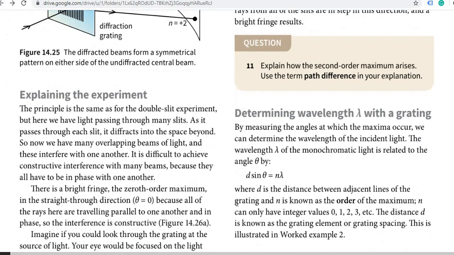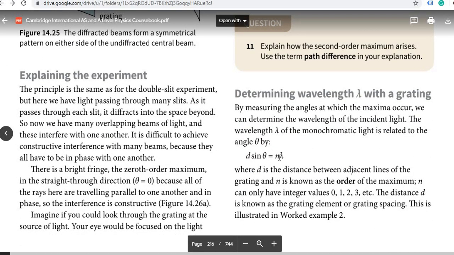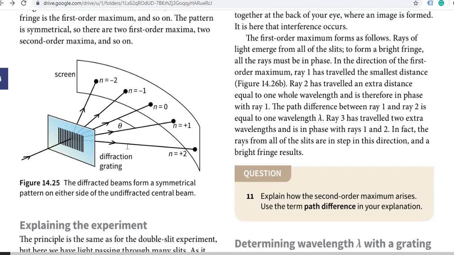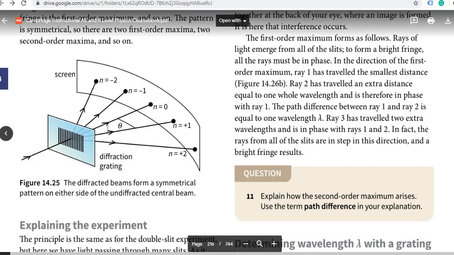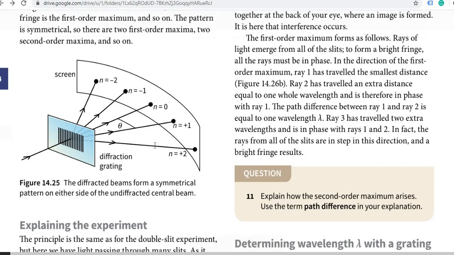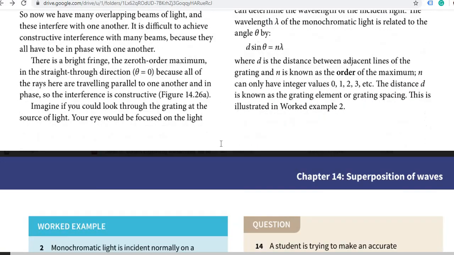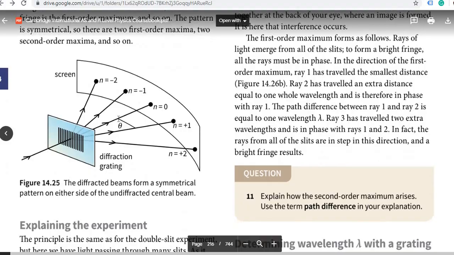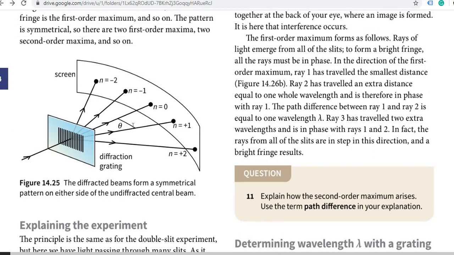Now if you substitute 2 for n here, then the angle will be from here all the way to here, because this is n equals 2. So from here n equals 0 all the way up to here, that is n equals 2, that will be the theta. If you use 1 for n here, then this will be the angle from n equals 0 to n equals 1.